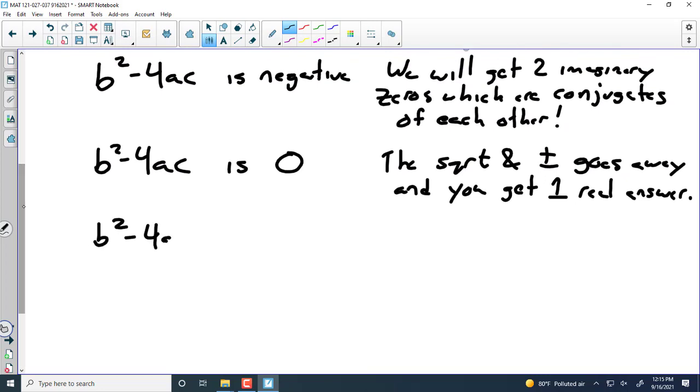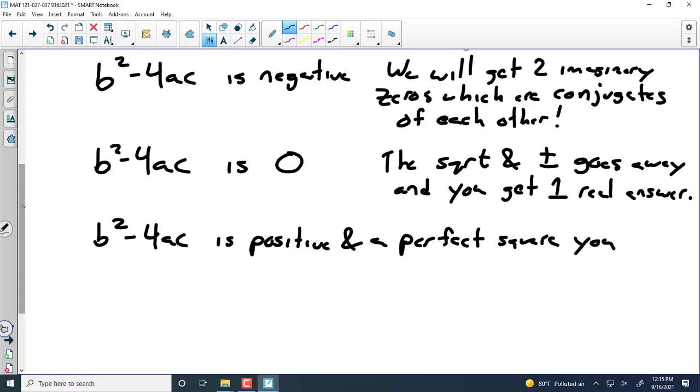If b squared minus 4ac is positive and a perfect square, you get two rational answers.